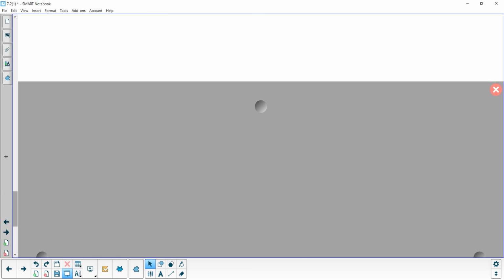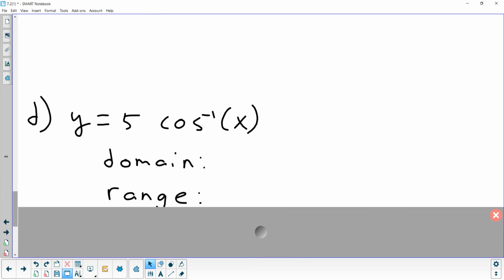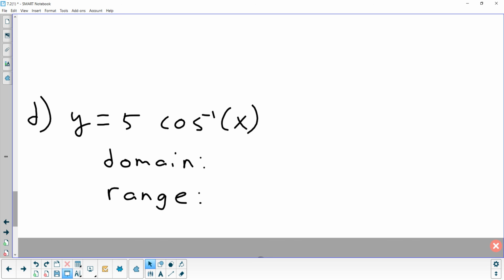All right, let's do inverse cosine. We haven't done that yet. Eli, what kind of transformation do I have there? Vertical stretch. Yep. So, Francesca, what is not affected by a vertical stretch?